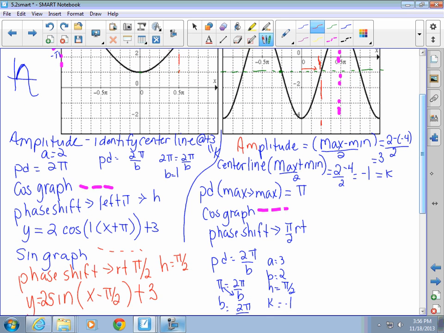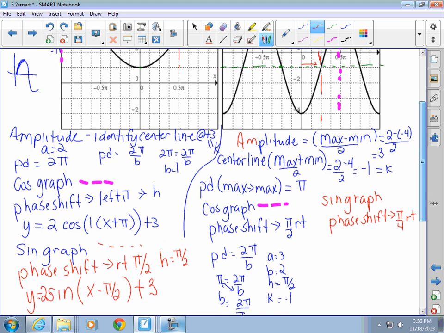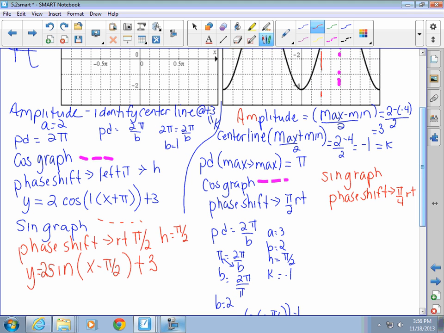So for my sine graph, my phase shift was pi over 4 to the right. That means my equation, everything else will be the same except for this h. So I would have y is equal to 3 sine 2 times x minus pi over 4, minus 1.